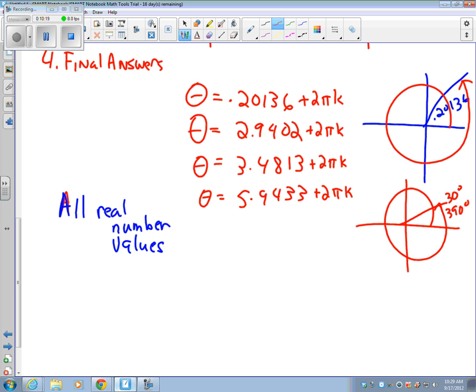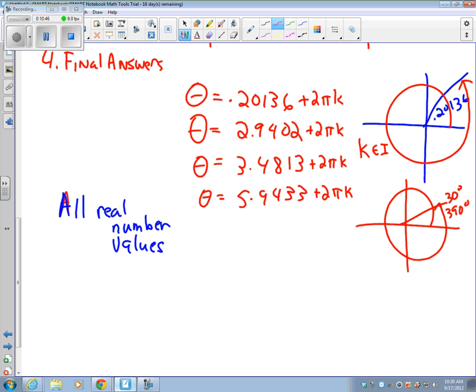K couldn't be 1.7 because then we wouldn't go all the way around, would we? K could be one, that would be one revolution. It could be two, that'd be two revolutions. It could also be negative one, couldn't it? Because we could go the other way and we'd still get back to the same spot. So k is an integer. As long as it's an integer, like 1, -1, 2, -2, 3, -3, then we're okay.